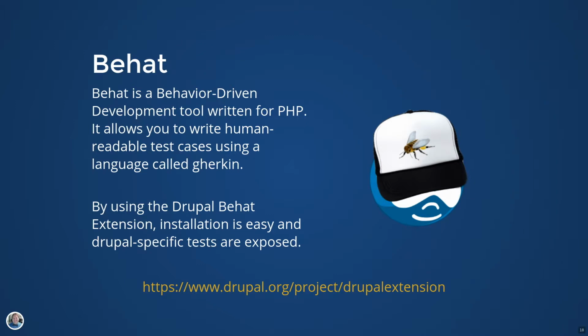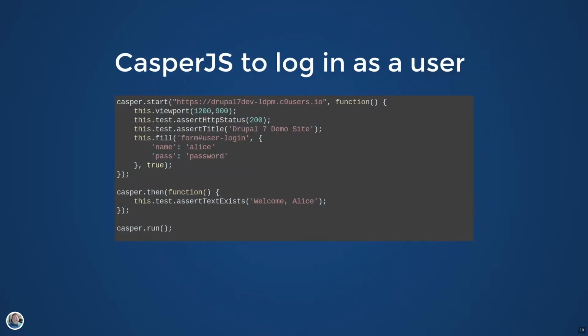I don't have Gherkin history at my fingertips, but I think it came from the Ruby community. But when you add the Drupal extension to Behat, which is at this URL, it's borderline sorcery, from everything from ease of setup to actual usefulness on your website.